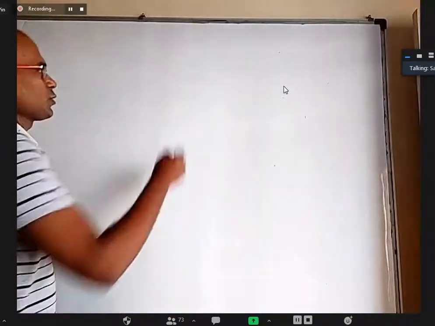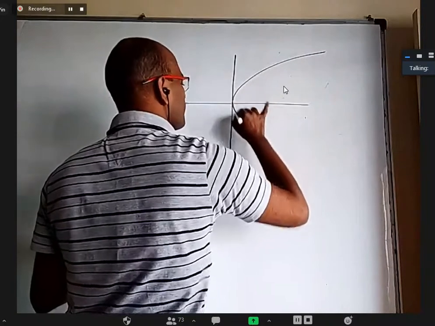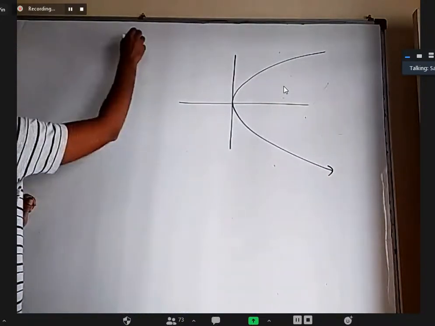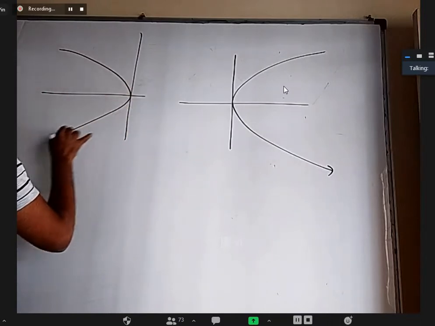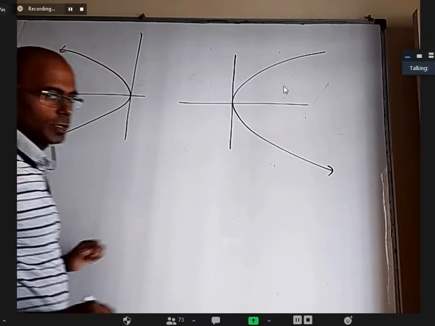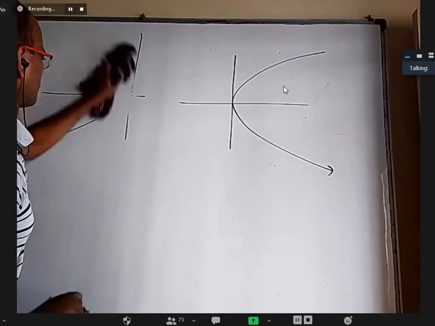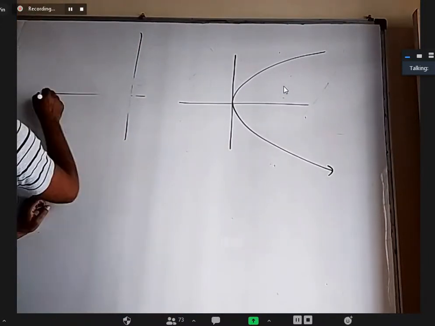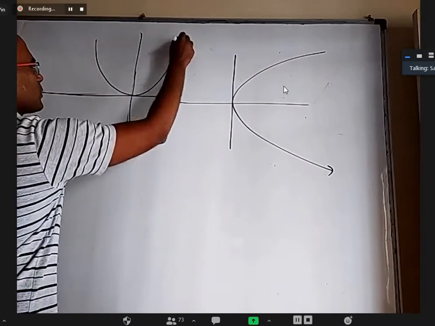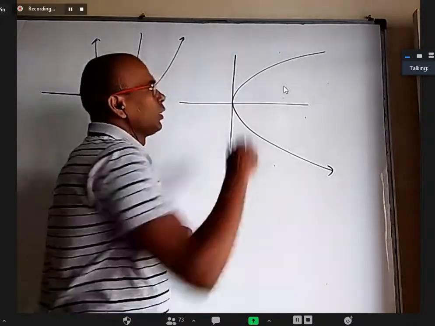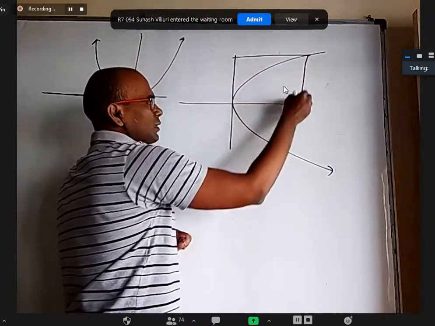Okay, now coming to parabola. If I take the parabola like this, you take any point on the parabola and draw lines like this.